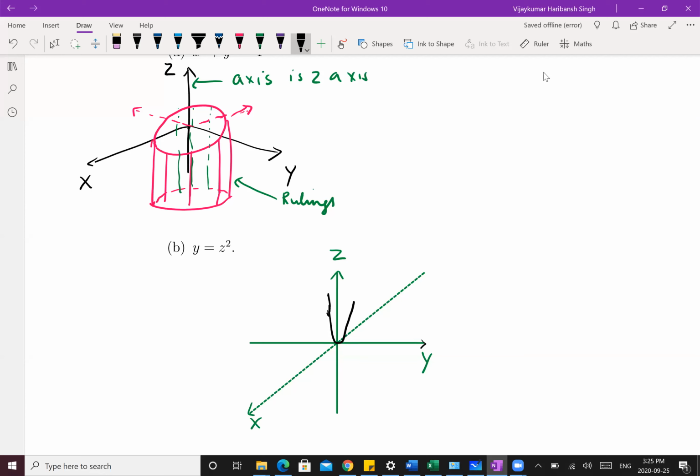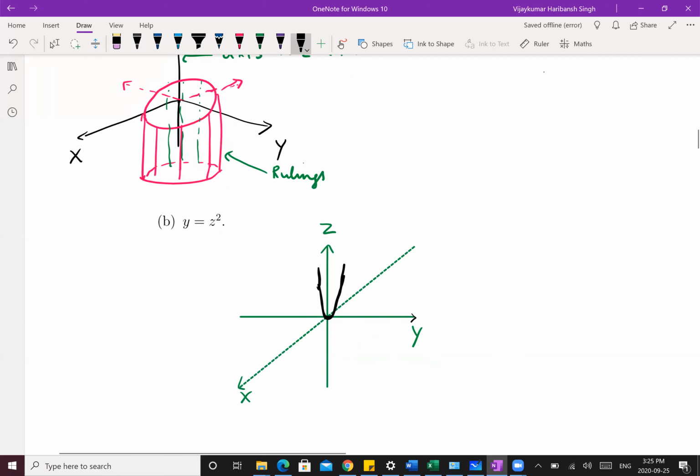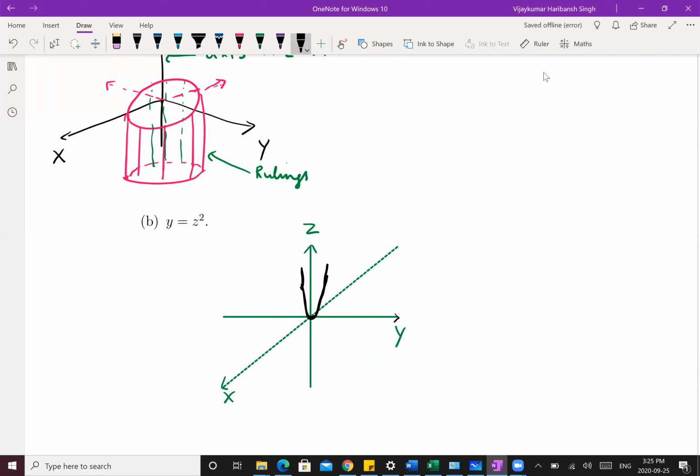Of course it keeps on going up forever, and then we are drawing lines which are the rulings. So essentially we'll have rulings here. Of course we are drawing only part of it. These are the rulings. I should erase the ones in the background to give a proper picture.